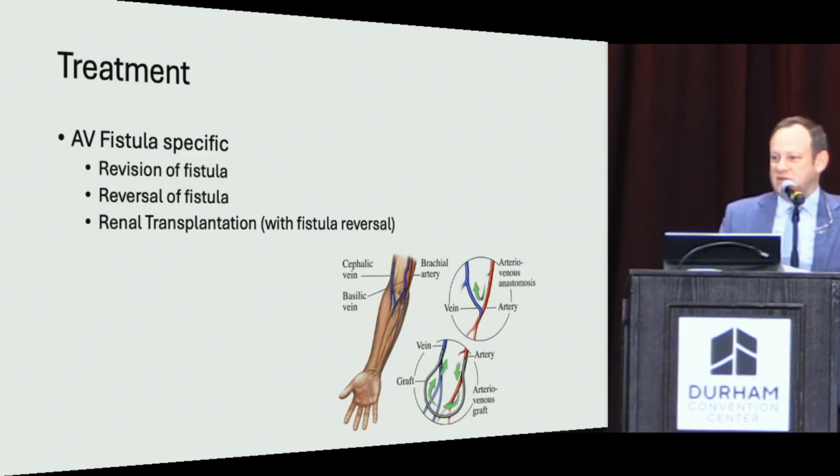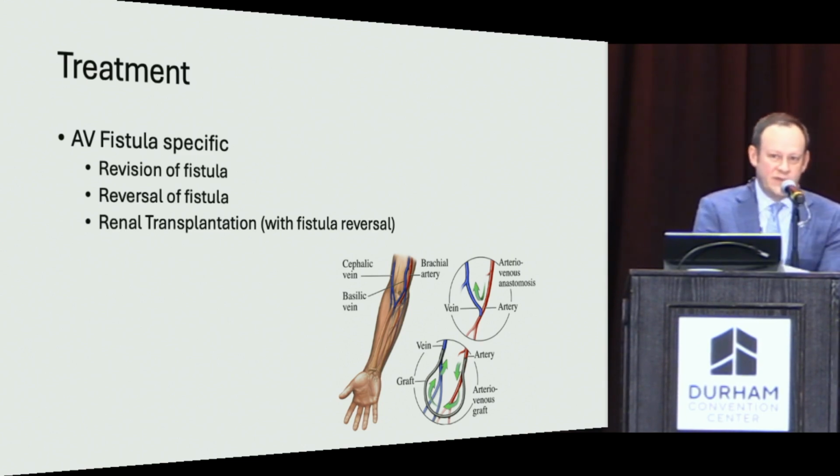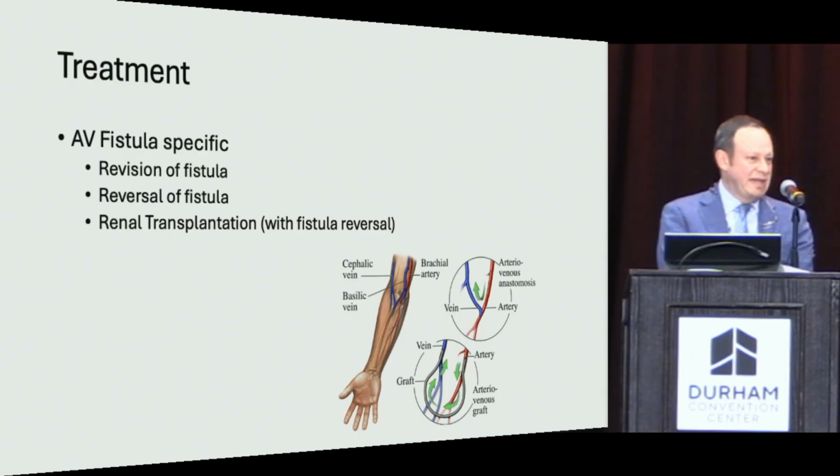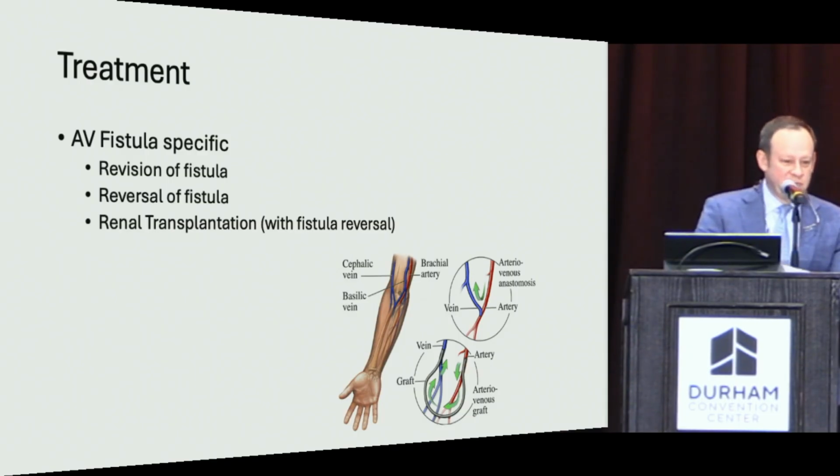What are some considerations with regards to the fistula itself? Because I've told you that it is often a significant contributor, likely due to high flow. Although we do see in some patients, particularly those who may have undergone renal transplantation and have maintained a fistula for many years after, they've developed progressive pulmonary hypertension. Their cardiac output has become normal or even reduced, and their pulmonary vascular resistance has started to increase significantly.